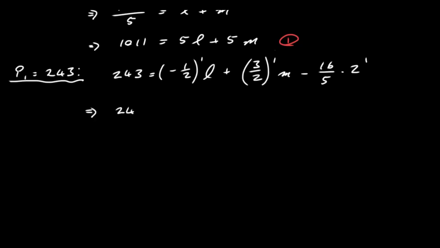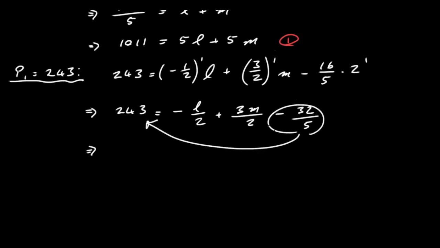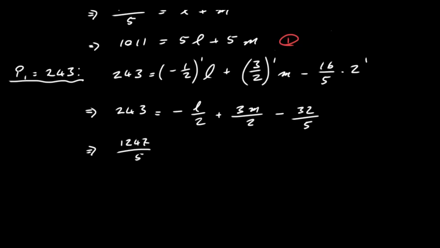Let's see, we've got 243 is equal to minus L over 2 plus 3m over 2 minus 2 16s, 32 over 5. So what I'll do next is bring this over to this side here. That'll give me 1247 over 5 is equal to minus L over 2 plus 3m over 2.